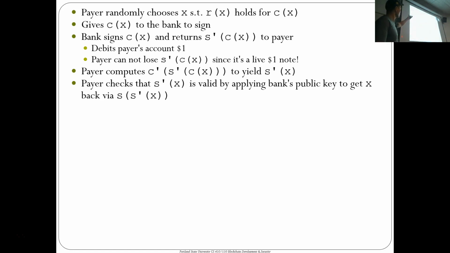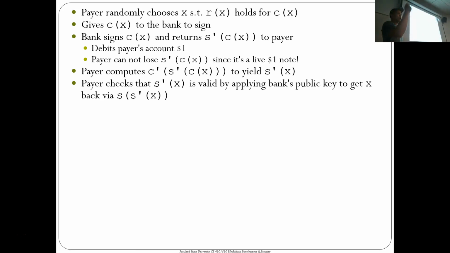Only the payer knows C prime, so C prime is applied to yield this signed note S prime of X. Then the payer checks that S prime of X is valid by applying the bank's public key. You want to make sure that you got your thing signed by the actual bank.